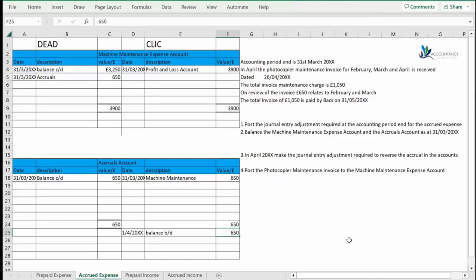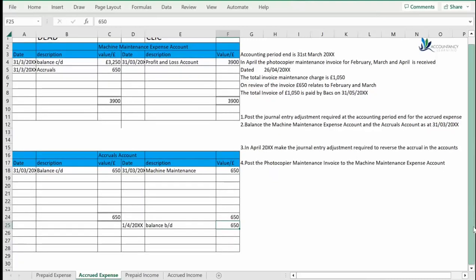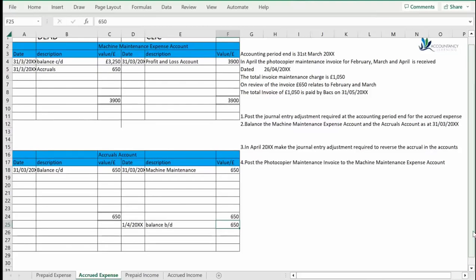In April, it asks us to make the entry adjustment required to reverse the accrual account. So let's have a look at this.